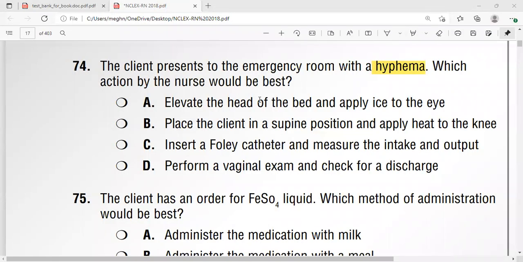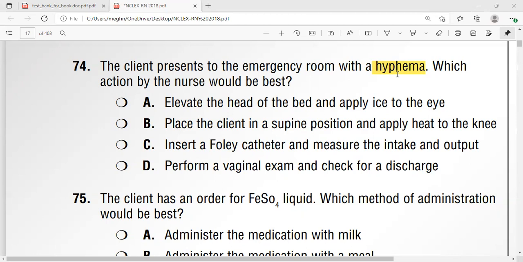Before answering, I want to tell you what a hyphema is. A hyphema is the presence of blood in the space between the cornea and iris in the eye. So a hyphema is when blood collects inside the front of the eye, between the cornea and iris.